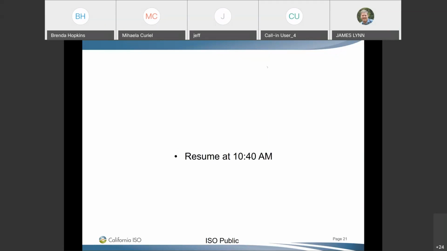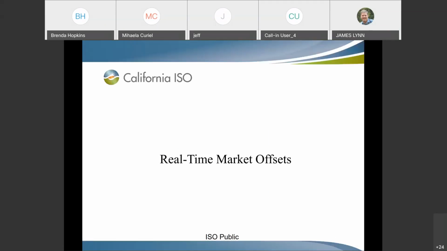All right. So this wasn't part of the requested topic, but I wanted to go over real-time market offsets, the offset charge codes. The reason is that everybody seems to have questions on this once we start getting parallel.